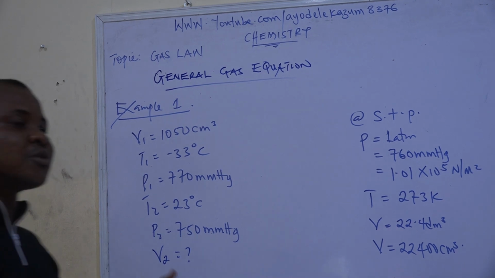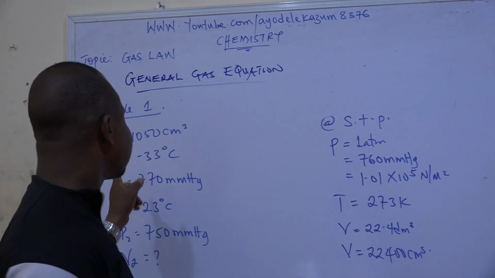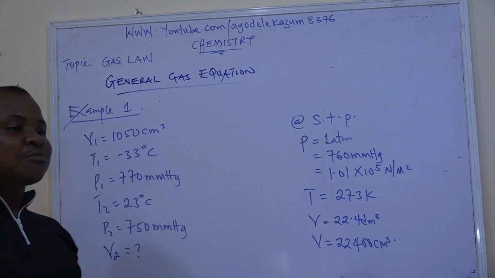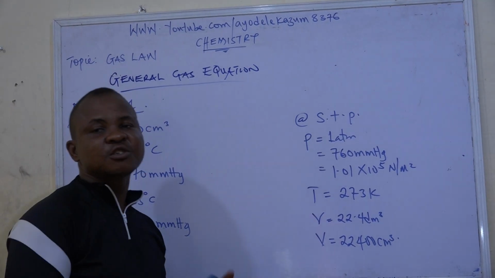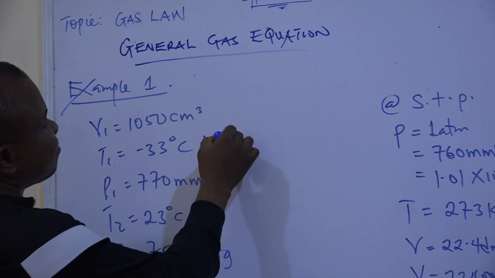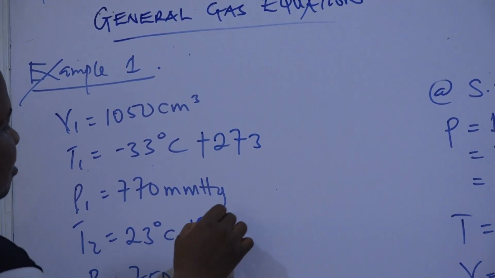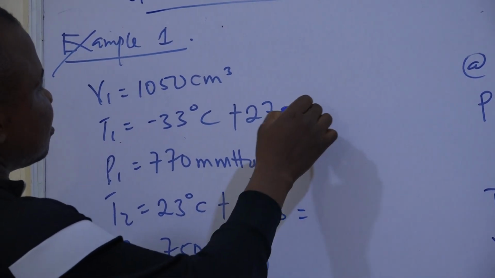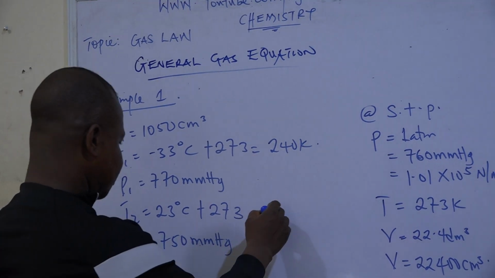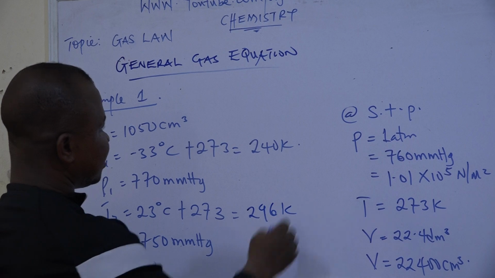Of course, I told us that anytime we are given a question that has to do with temperature in Celsius, it must be changed to Kelvin. Let's do that. We add 273 to get 240 Kelvin, and we add 273 to get 296 Kelvin.